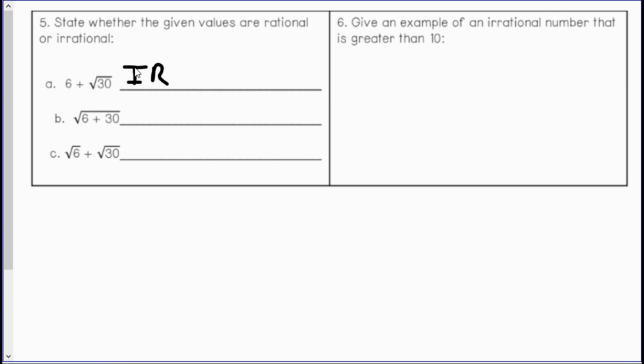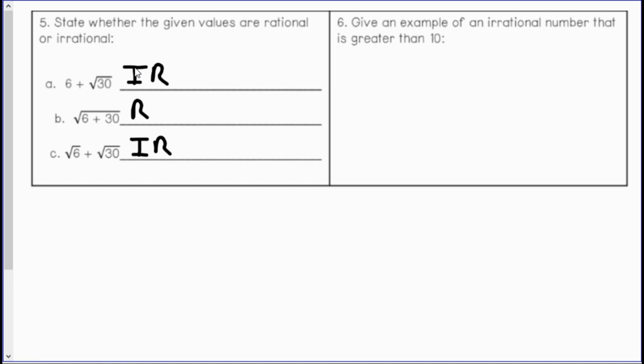If numbers are inside my radical, I can add them together. So the square root of 6 plus 30 would be the square root of 36. And we know the square root of 36 is a perfect square, so that number would be rational. And C, I have the square root of 6 plus the square root of 30. So two non-perfect squares added together, which are both irrational numbers. If I add two irrational numbers together, I'm still going to get an irrational number.